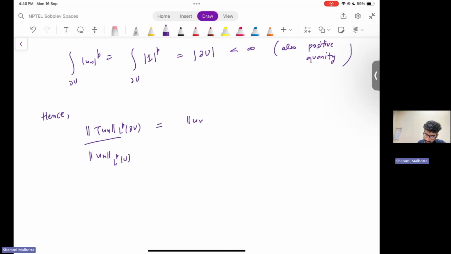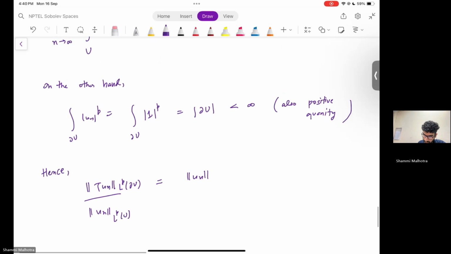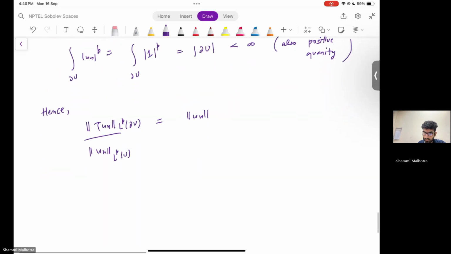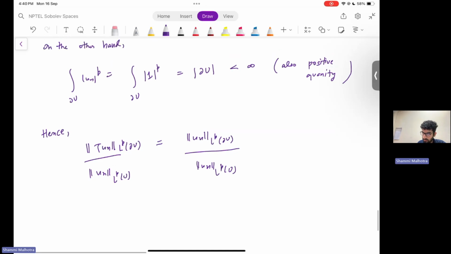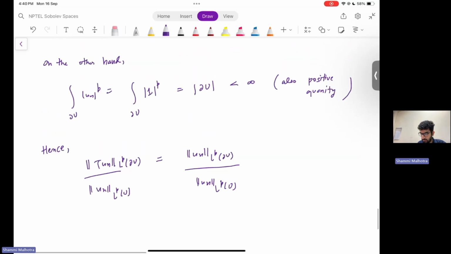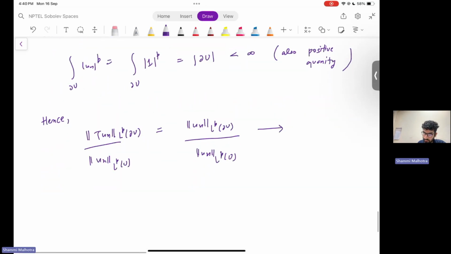So this is u_n at boundary only, and this is u_n at L^p u. And since the above thing has some positive constant and the denominator goes to zero, this whole thing goes to infinity as n tends to infinity.